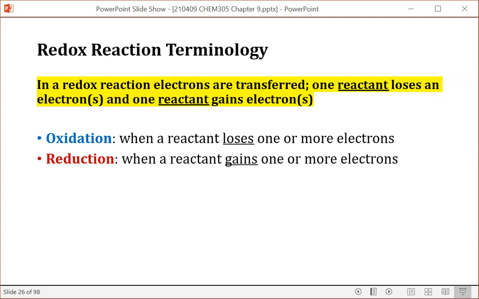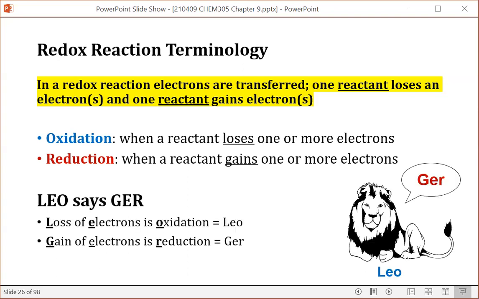One reactant is going to lose one or more electrons, and the one that loses the electrons is oxidized or undergoes oxidation. And the reactant that gains those electrons is the reactant that's reduced or undergoes reduction. So you can remember this with the saying Leo says Ger. Leo, loss of electrons is oxidation, and Ger, gain of electrons is reduction.